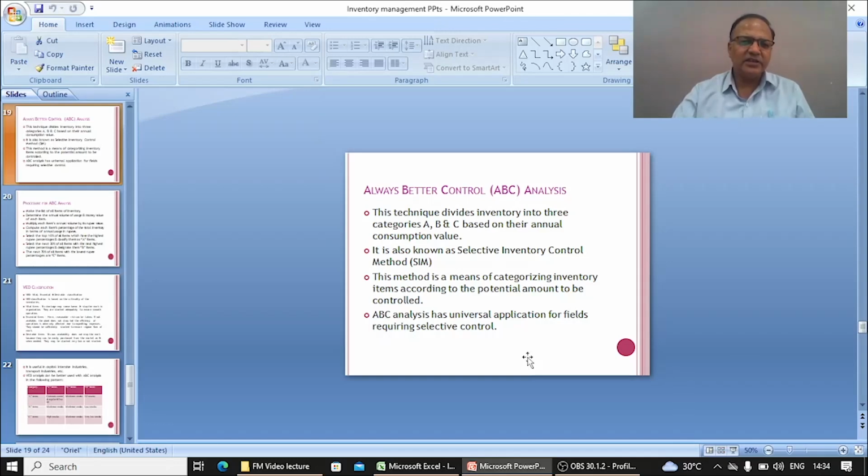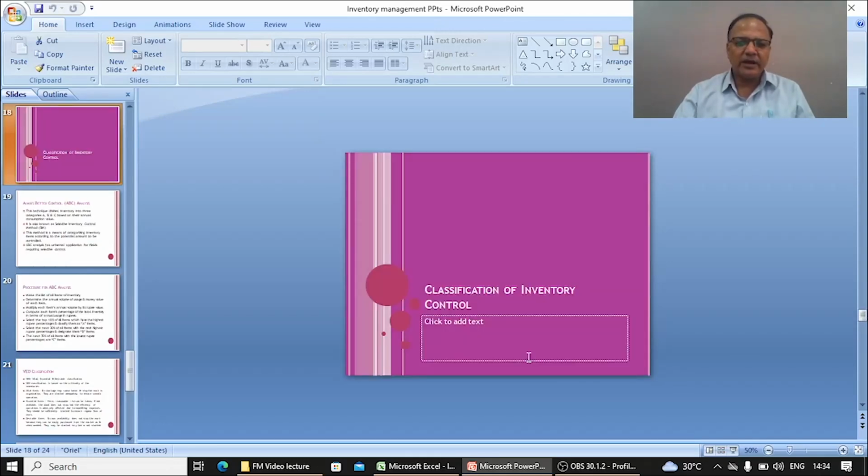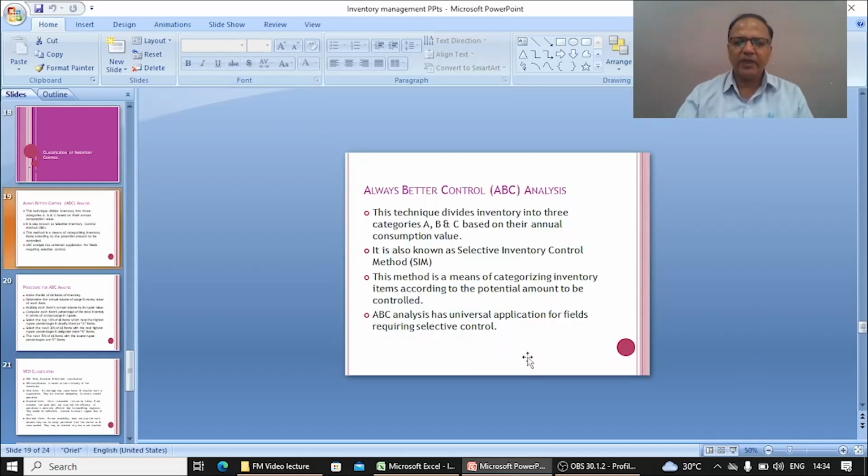Now next is classification of inventory control. So whenever we have to control the inventory, we have to classify it. There are different techniques of classification of inventory. Number one is ABC analysis. ABC stands for always better control.